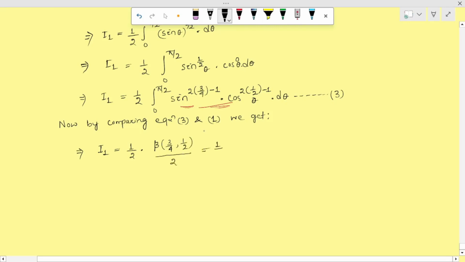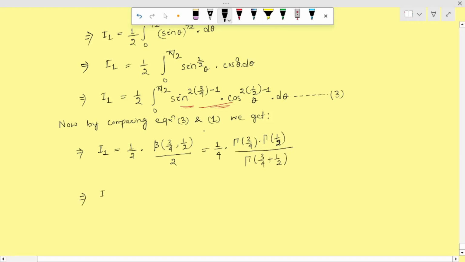This will be equal to 1 by 4 into, we are going to use here the relation between beta and gamma function. Beta 3 by 4, 1 by 2 will be written as gamma 3 by 4 into gamma 1 by 2 by gamma 3 by 4 plus 1 by 2.